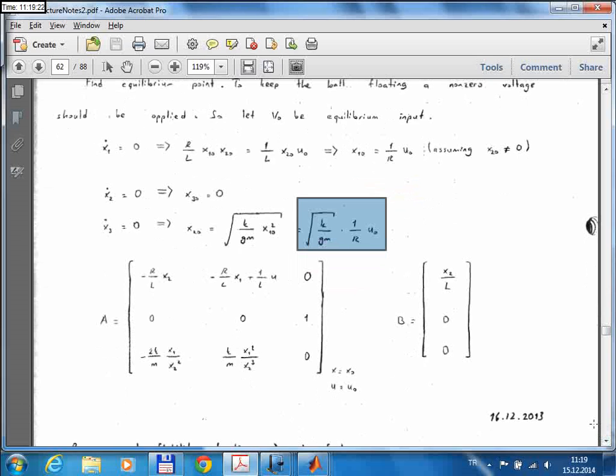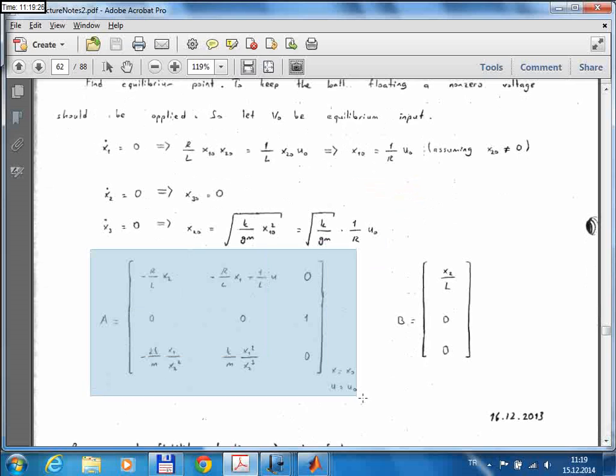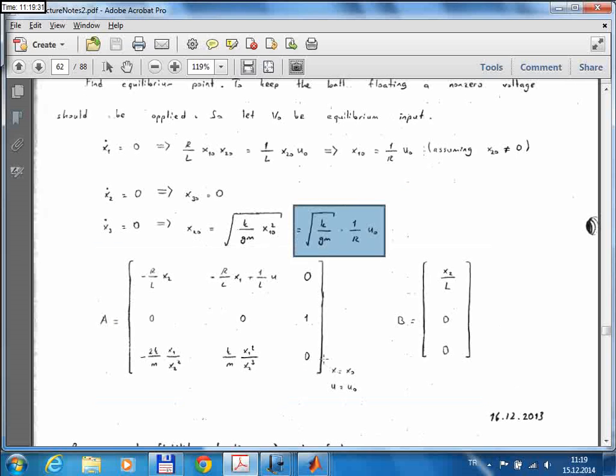And then if you find the A and B matrices, you will get these at this particular equilibrium point. This is an example of linearization of a nonlinear system.